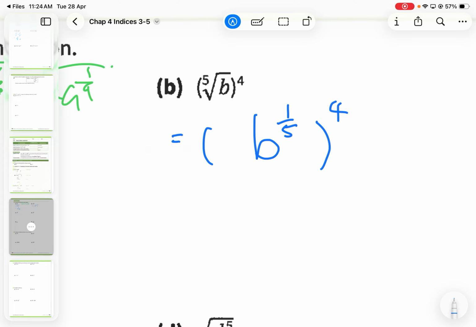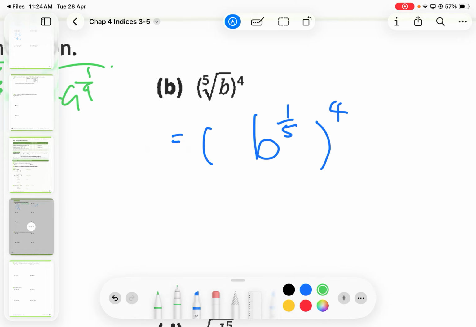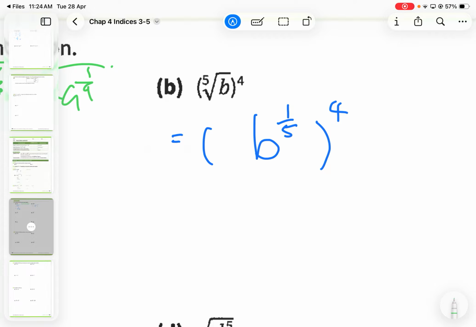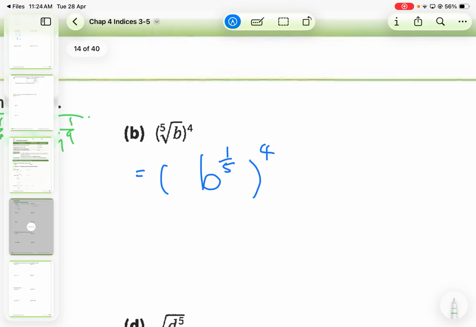After that, the next step is what we have learned in the previous topic. B to the power of 1 over 5 to the power of 4. To the most basic, if you cannot remember what to do with the power, go back to the basic. Power 4 means multiply by itself 4 times.